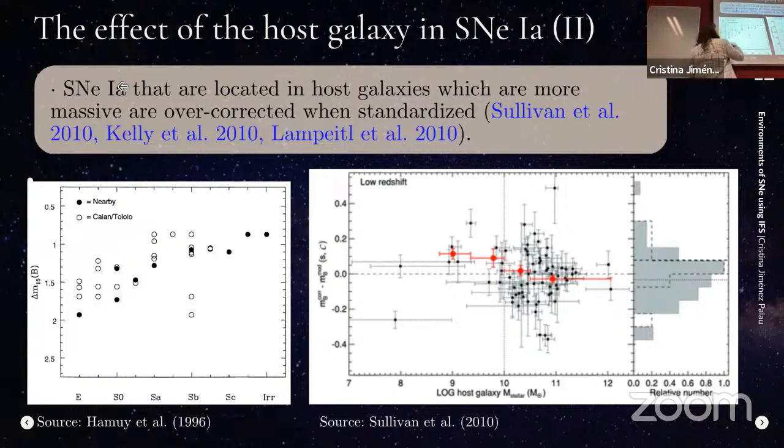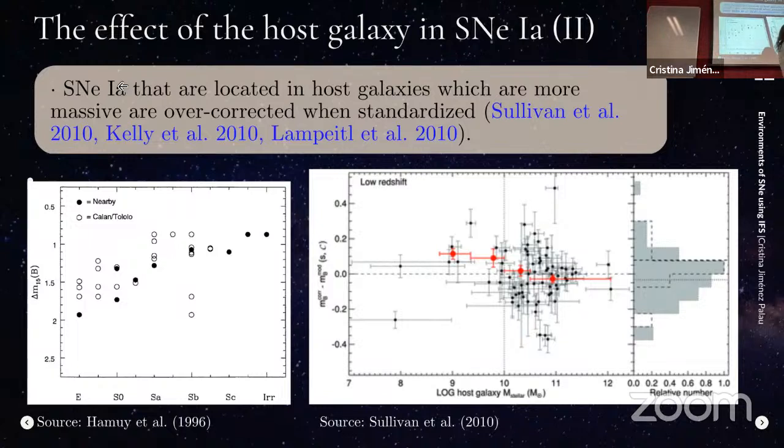We can see here different morphological types. This is elliptical galaxies, this dot, can you see it? We can see that in theory, these supernovae are fainter in this subtype, which are also the more massive. So now let's go to the standardization correction.